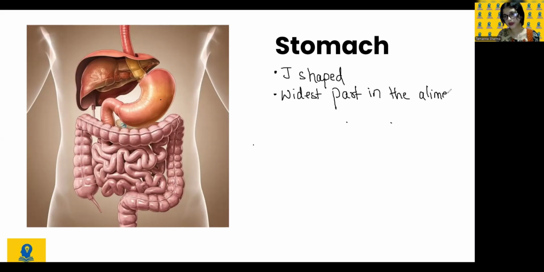From the esophagus, food comes to the stomach. Whenever the food comes, the stomach will get wider. Just like a bag: when you don't put anything in it, it is just normal, but when you put something in, it gets a little fluffy or wide, right? Same way in the stomach, what happens?